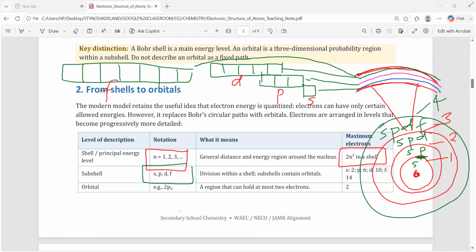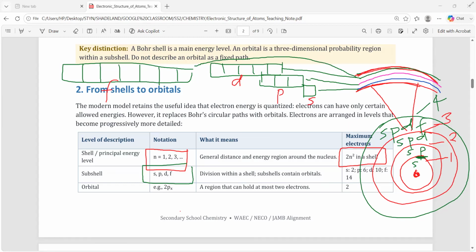So I hope you realize that we are now going deeper and deeper, isn't it? Yes, we are, sir, going deeper and deeper into the atom. We have entered the atom. From atom, we went to the shells. From the shells, we have gone to subshells. We were not satisfied with subshells.